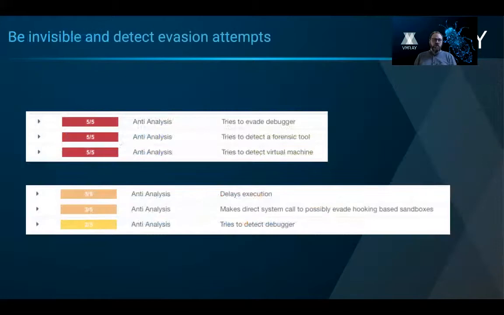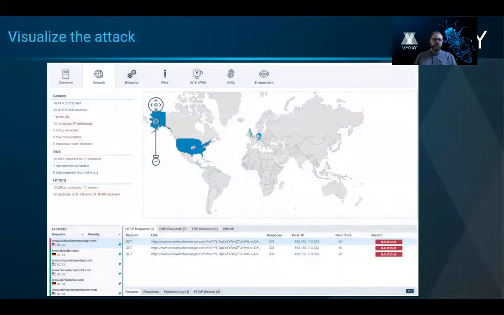Also, being invisible to the malware by monitoring outside the environment makes you fully invisible, and you can detect evasion attempts much better. Also, a system that is very relevant to your organization is one that gives you the ability to visualize the attack, to see exactly where this system is communicating with, and how it is evolving over time.